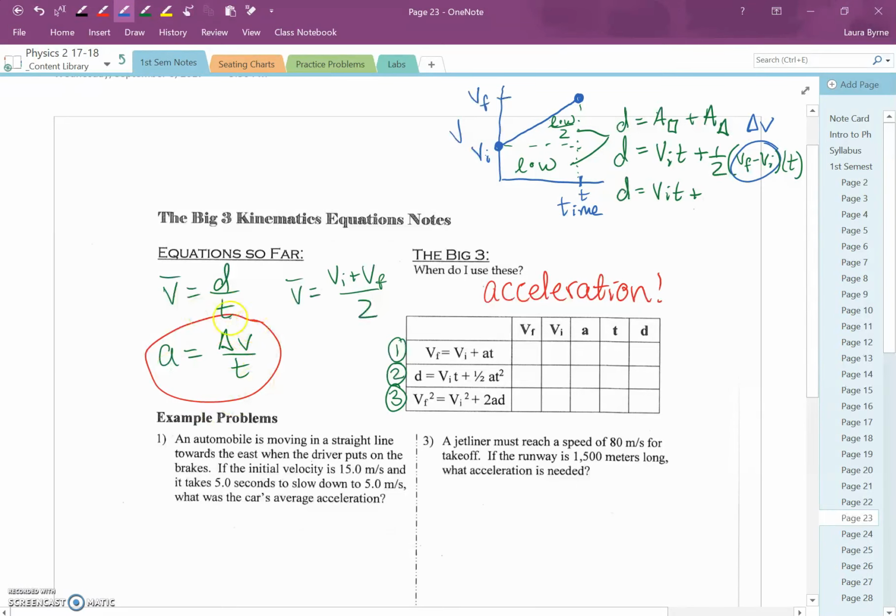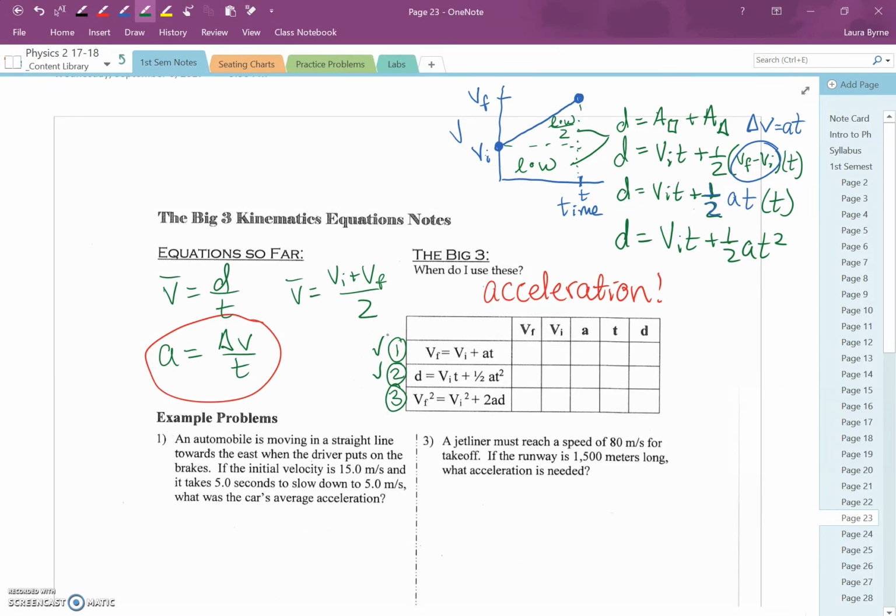And from our acceleration equation, we can say that delta v is equal to the acceleration times the time. So we're just going to replace vf minus vi with acceleration times time, times t. 1/2 was separate. So then if we combine these terms, we get d equals vit plus 1/2 at squared, which is our second equation. Kind of cool. We took something we knew and we derived a new equation out of it.